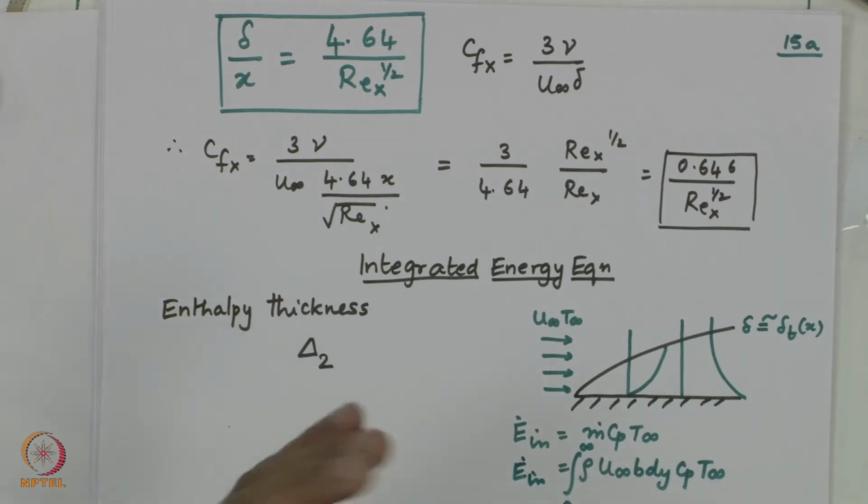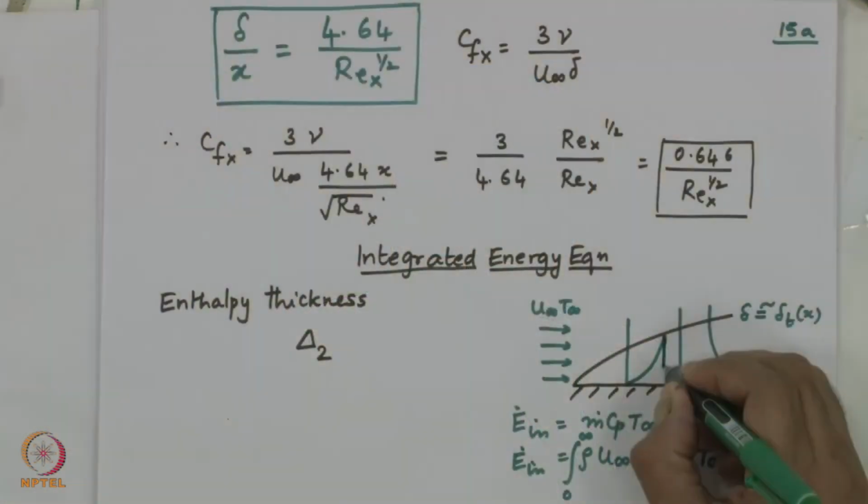This is what is coming in. Of course, rho, B, Cp, everything is constant, U infinity, T infinity is constant, and this would just go from the integration of dy going from 0 to delta, delta to infinity. So, this quantity can be obtained very easily.